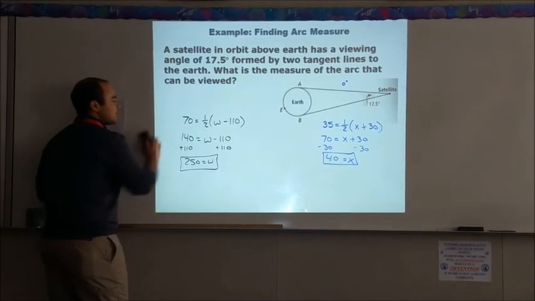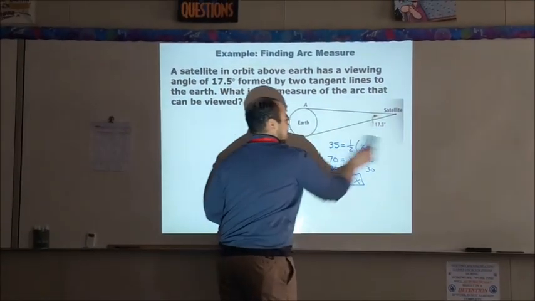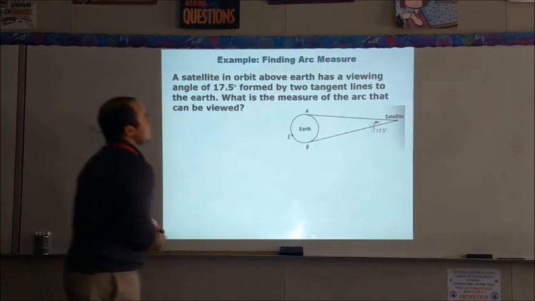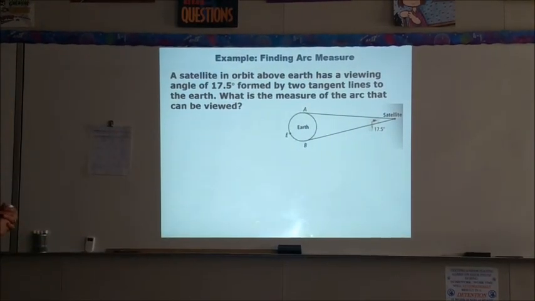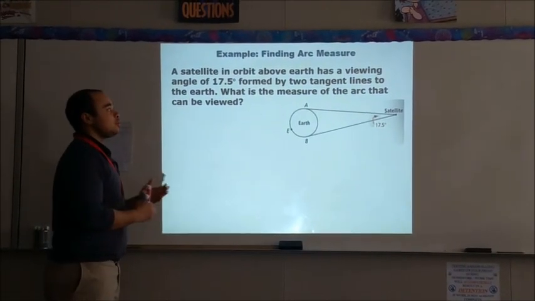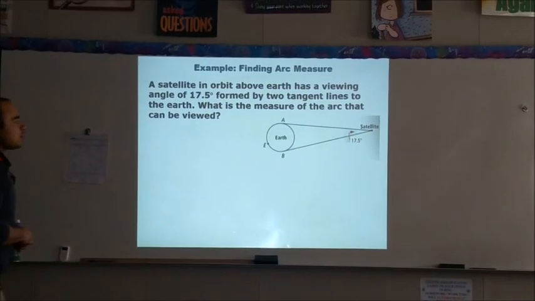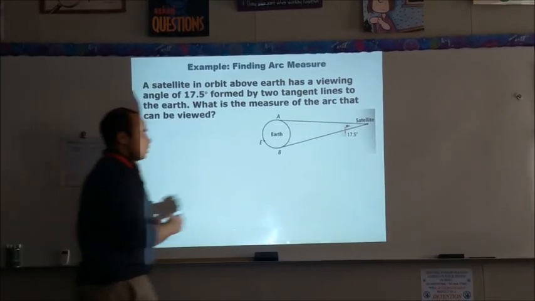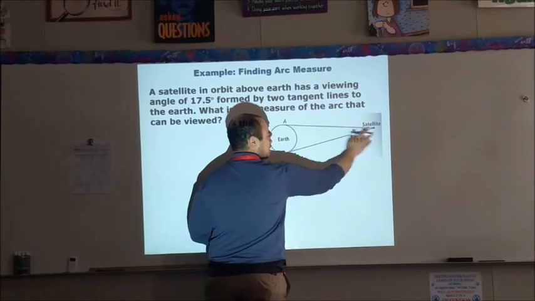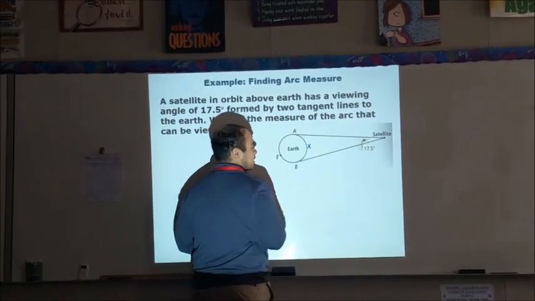All right, fifth example. This time it has a satellite in orbit. A satellite is in orbit above Earth, and it has a viewing angle of 17.5 degrees formed by two tangent lines to the Earth. What is the measure of the arc that can be viewed? So these are your two tangent lines. This is your 17.5 degree angle, and they're looking for x here.